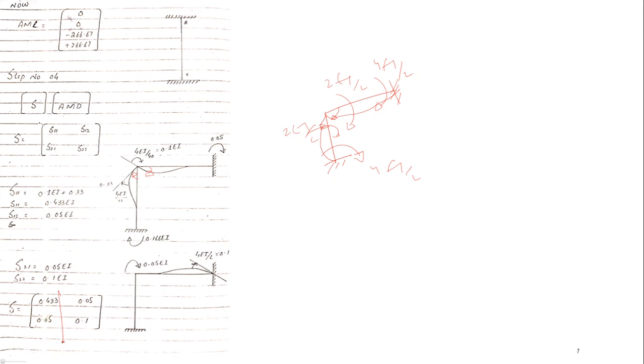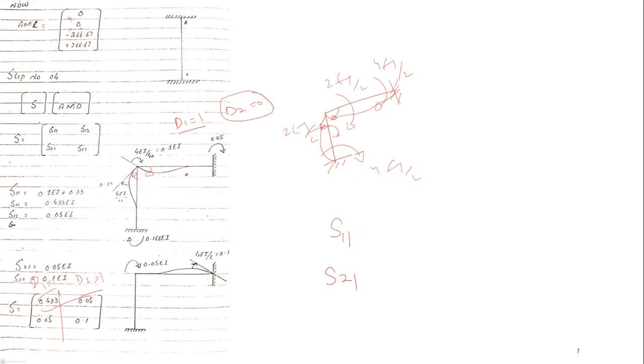And this is attained for D1 equal to 1. This is for D2 equal to 1. So from this figure, D1 is equal to 1, right, and D2 is equal to 0. From this figure I'll get S11 and S21.